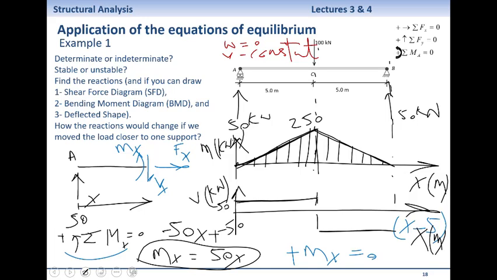How much has it dropped in the middle? So what is this drop? 100 what? Okay. Do you see the force that we have on the beam? How much is it? 100.